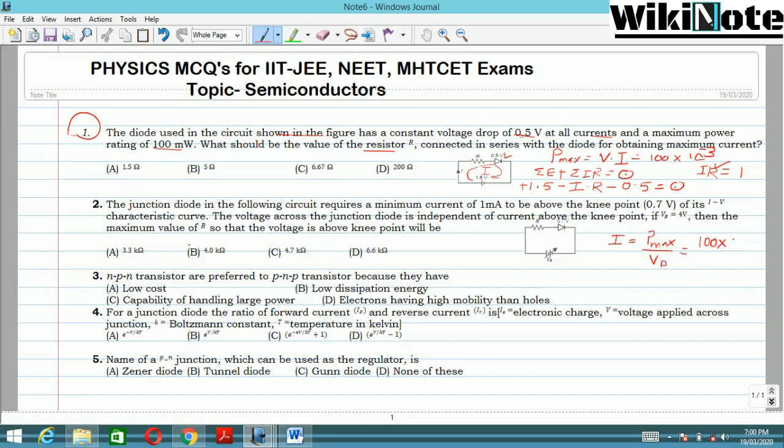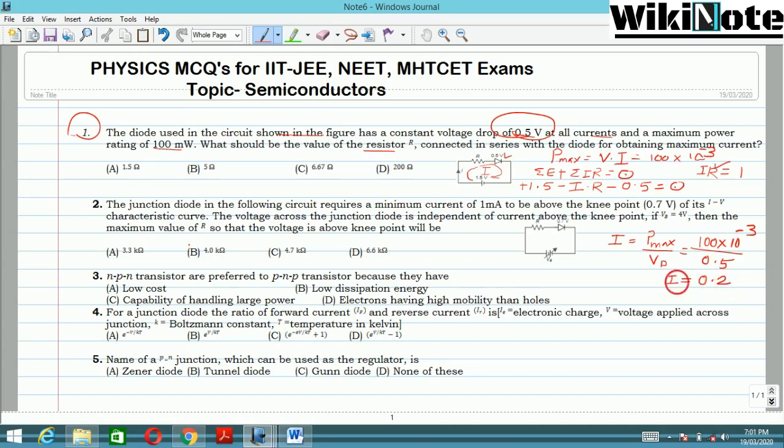So I is equal to 100 into 10 raised to minus 3 divided by 0.5 volt, which is given in the numerical. Almost 100 into 10 raised to minus 3, it will get cancelled, 10 raised to 2, then 5 into 10 raised to minus 1 will come upside, so that will be plus 1 again. So 10 raised to minus 2, everything will get cancelled over here, and 1 upon 5 will only remain, and that's going to be 0.2.